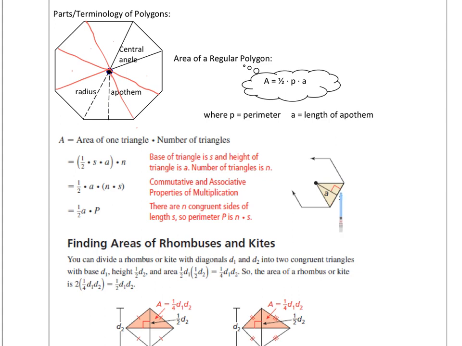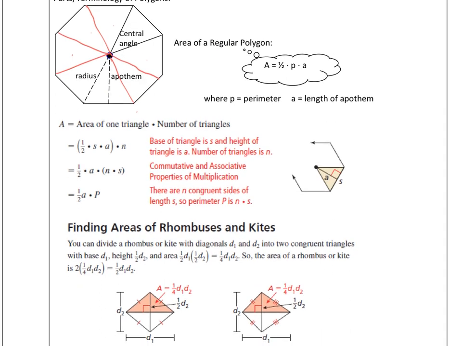So if this was, say, 5, and I had 10 of these, then the perimeter would be 50, right? So the number of sides times the length of the side is that perimeter. That's where we get this. And this A, which was the height, is the apothem. So that's where this formula comes from, and that works again for regular polygons.